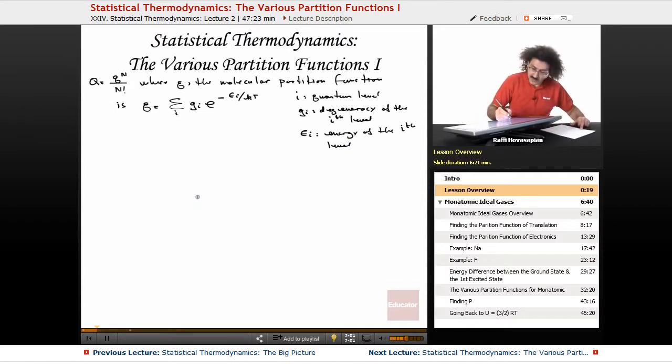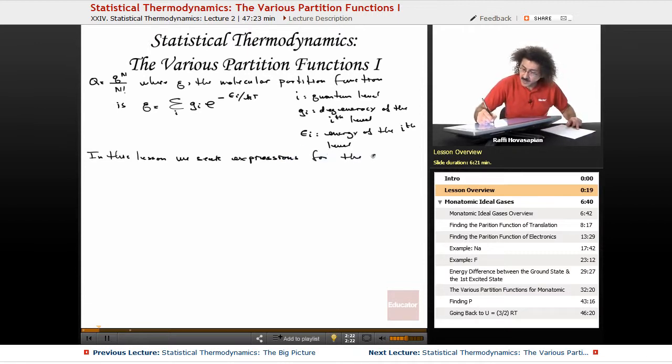In this lesson, we seek expressions for the molecular partition function q of various systems.